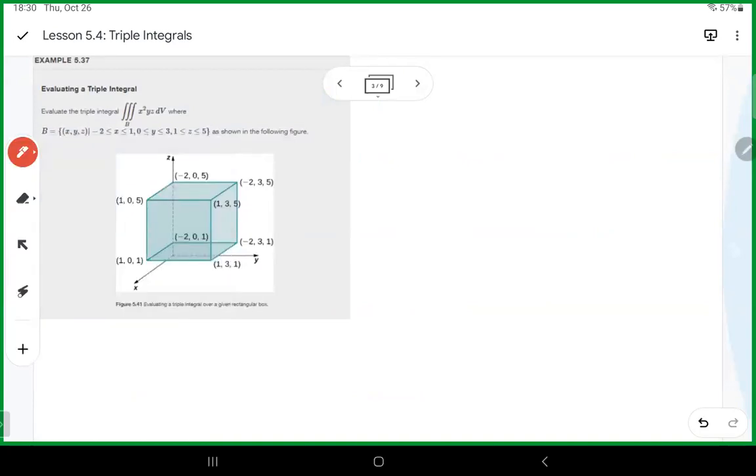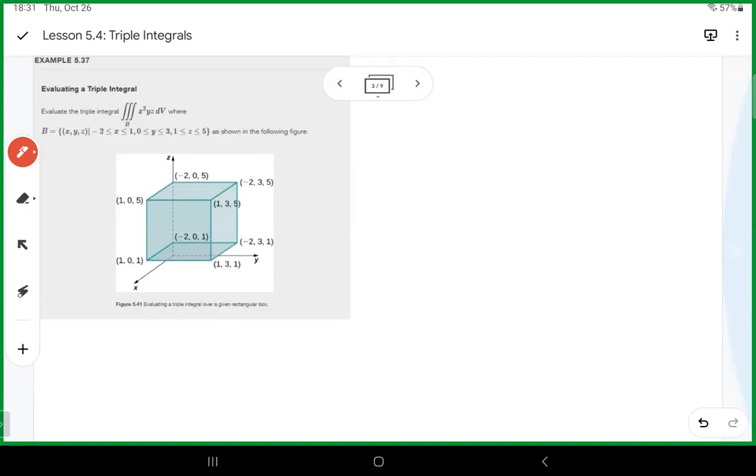This next one says evaluate the triple integral, and then it gives you the region, and then it shows you the figure. So what you'll notice is that the order is not specified, but we can integrate in any order without changing the level of difficulty.